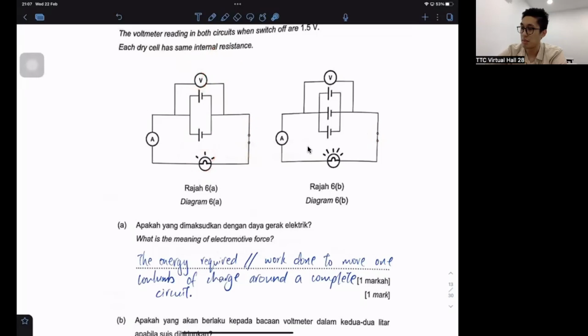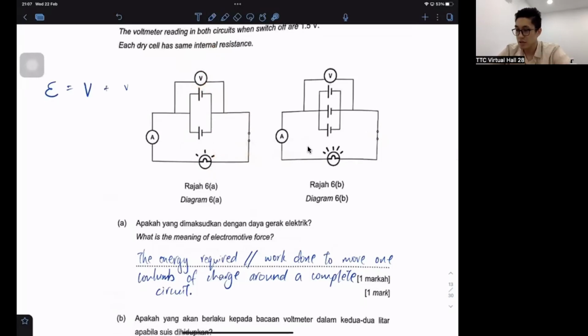Remember inside our equation, we have 2 things. We said the EMF is equal to the voltage plus Ir, or like the big voltage plus the small voltage here. So EMF is the total. This one is the voltage or the potential difference of whatever object is outside, and this is the potential difference through the battery.